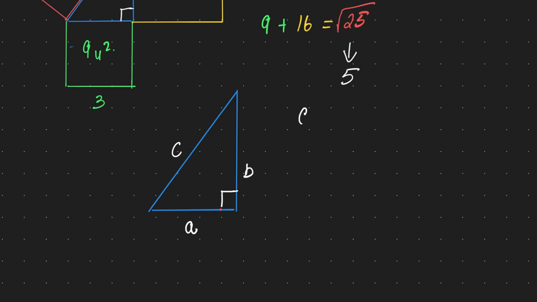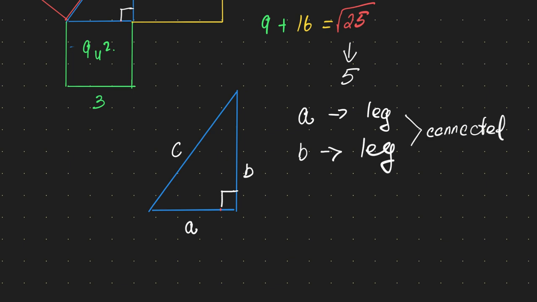So let's say this is A. We call this a leg of the triangle. And B is also a leg of the triangle. How do we know it's a leg of the triangle? Because it's connected to the right angle.